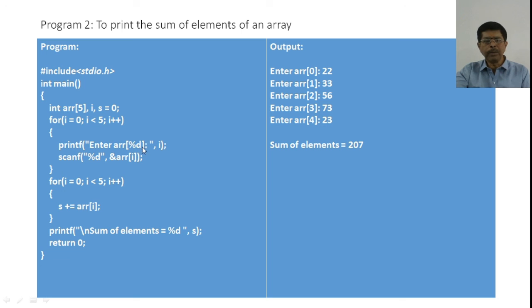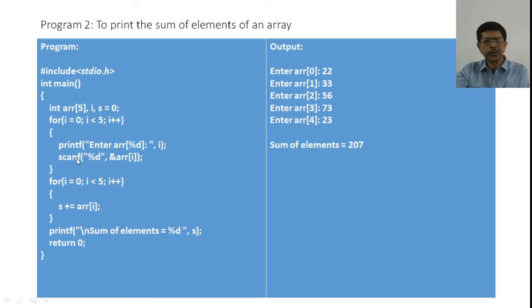The second program is basically to print the sum of the elements of an array. Here we have an array called ARR. For the subscript or index I have taken i, and for finding the sum I have taken s and initialized it to 0 in the beginning.